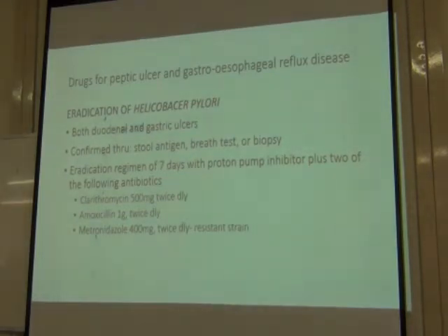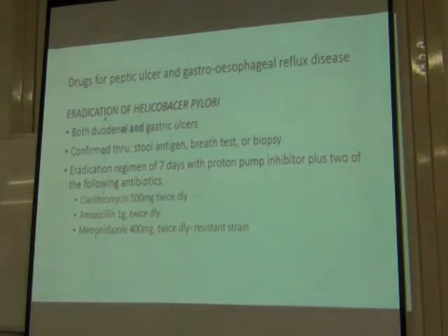So to treat, once this is confirmed, the treatment for the elimination of Helicobacter pylori is not done empirically. So you don't just see someone who has peptic ulcer and say, oh no, you must be placed on treatment for elimination of Helicobacter pylori. There needs to be a confirmation done before you can place the person on the treatment.